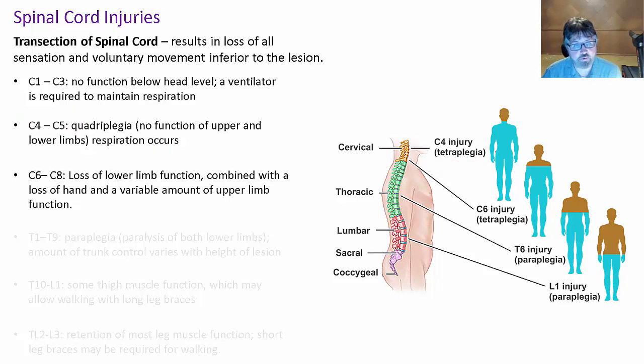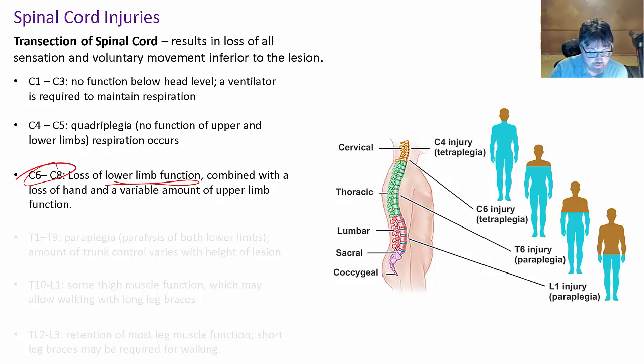Now, as we move down below, we're in C6, C7, and C8. Here we are at the inferior aspect of the brachial plexus. So remember the brachial plexus is C5, 6, 7, 8, and T1. So we're kind of right in the middle of it, if you would. Because of this, you're going to have a complete loss of lower limb function because the entire lower limbs was everything below that.